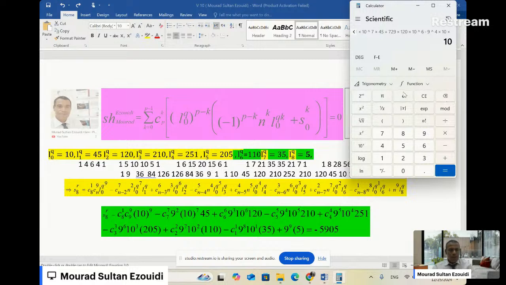Okay, I will correct this: 9 raised to the power 4 multiplied by 10 to the 5 times, by 100, by 10.